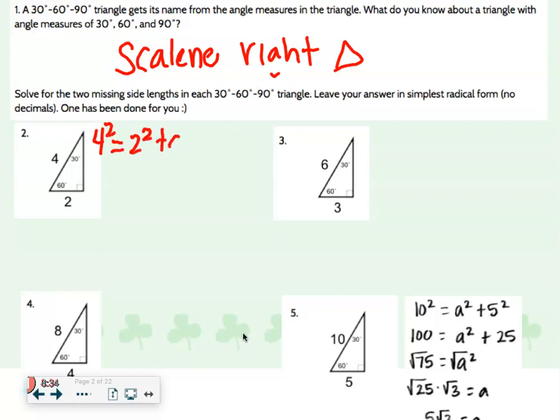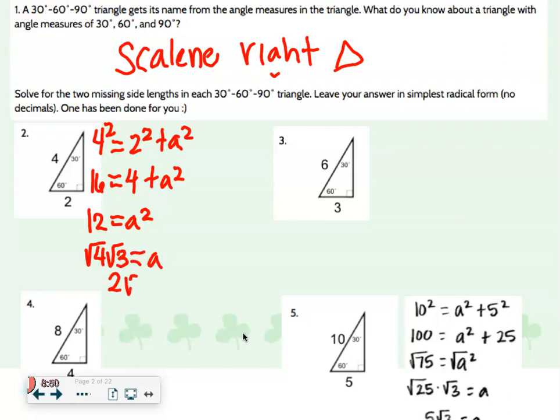I'm pretty sure the pattern is in... Yeah, it's just negative.